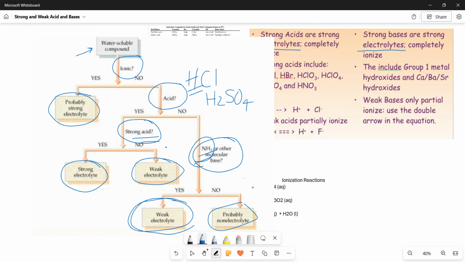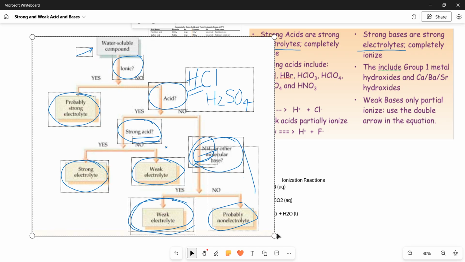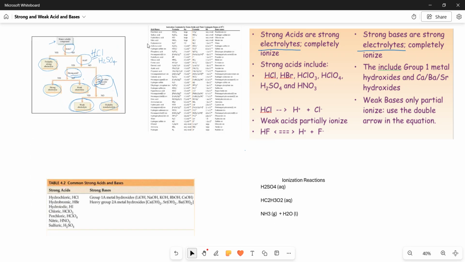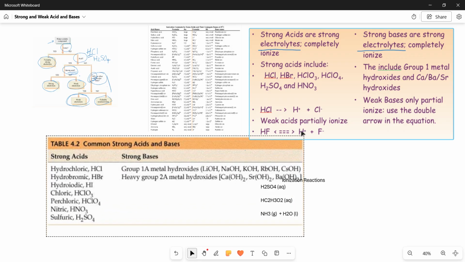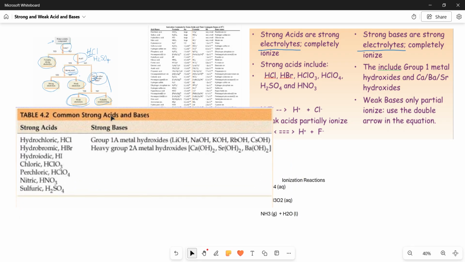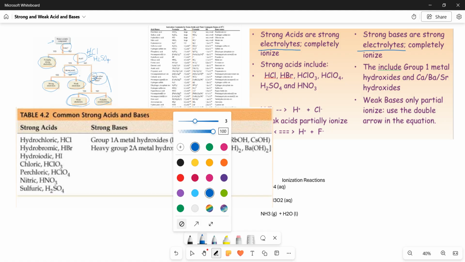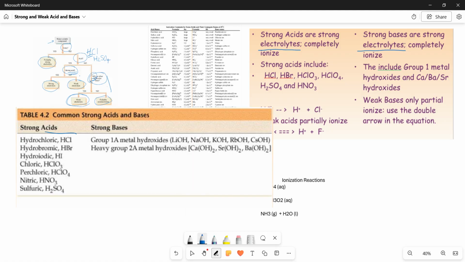So this chart can help you a little bit. Another thing that I have my students do, especially in second year chem, college chem and AP chem, is they need to memorize. I don't make memorization a requirement very often, but this is one of them. When you memorize the very short list here of what a strong acid and strong base is, you can see right here that we have about 7 strong acids.